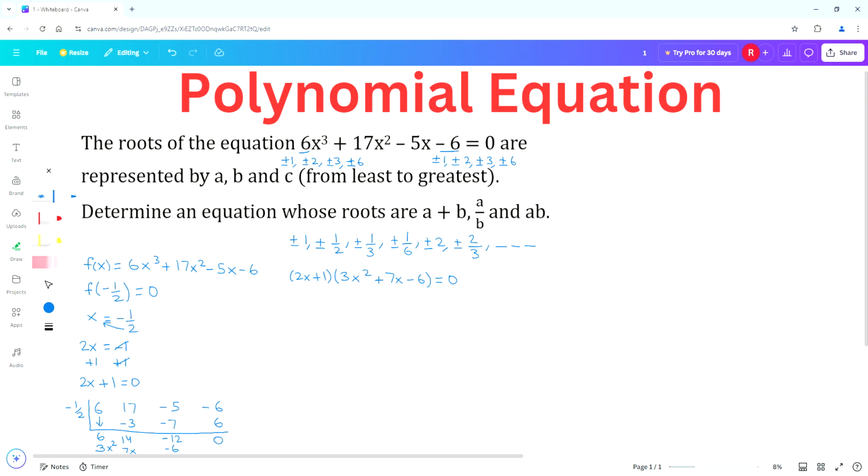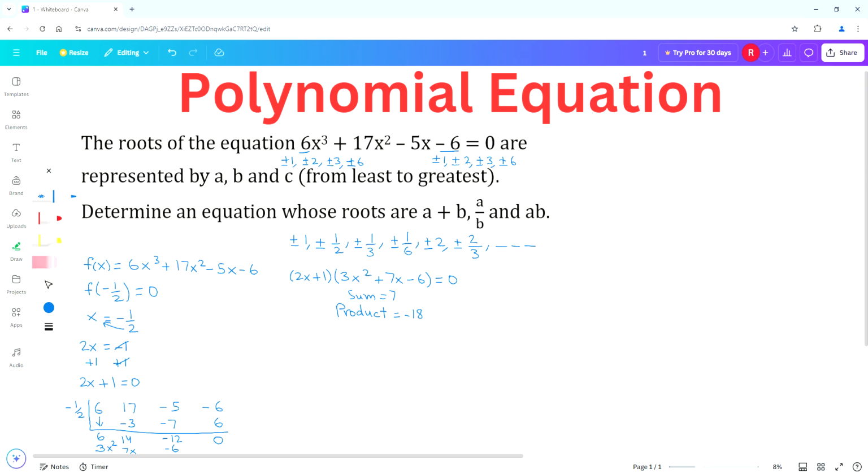We have to find two numbers whose sum is 7, the coefficient of the x term, and whose product should be 3 times negative 6, which is negative 18. We should focus on the product to find the two numbers.